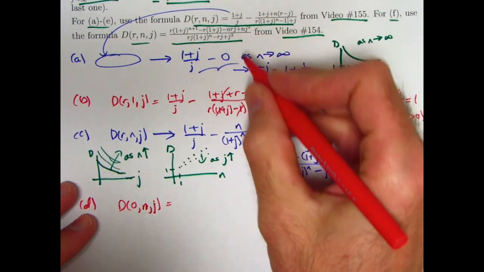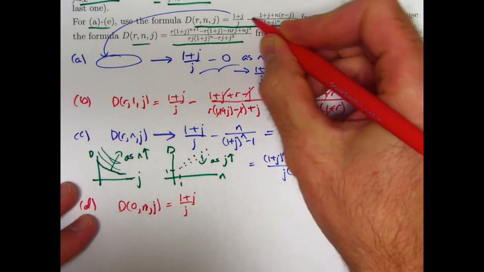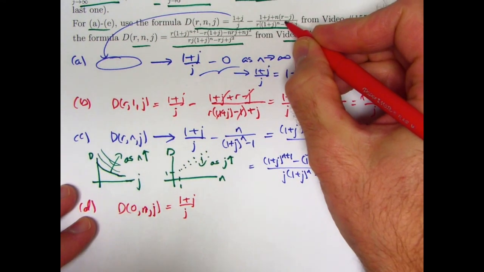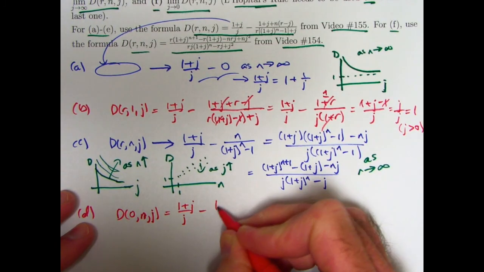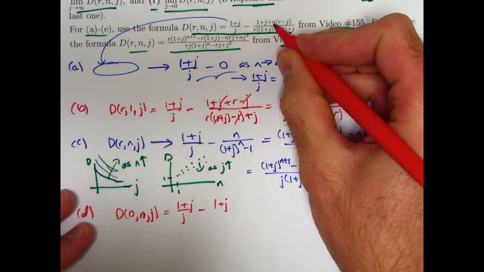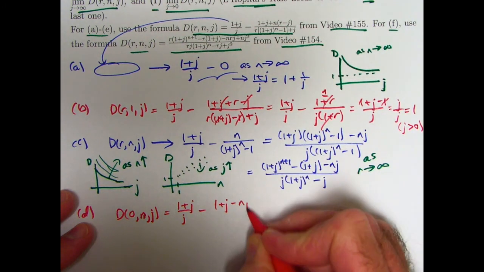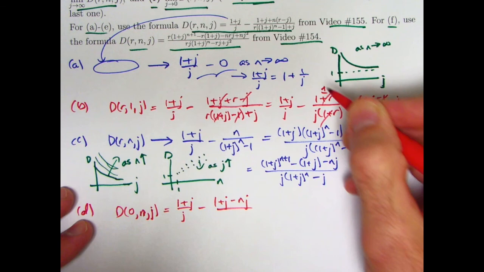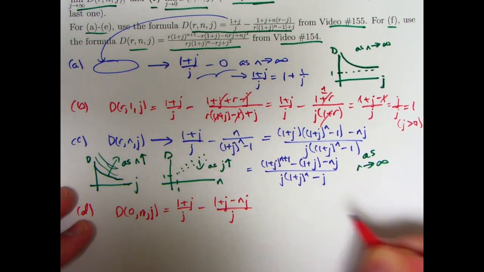Go ahead and plug in r equals 0 again once this becomes 1 plus j over j, just like always. What happens when you plug in r equals 0 here? You get, let's see, 1 plus j plus n times 0 minus j is minus nj. And the bottom, when r is 0, this goes away, and you're just left with j.